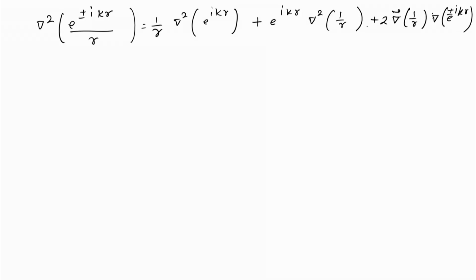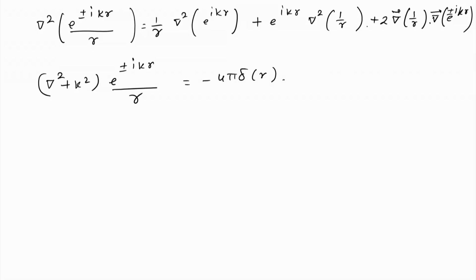Okay. So, these are the terms. If you simplify, then (del square plus k square) exponential plus minus i k r by r is equal to minus 4 pi delta of r.